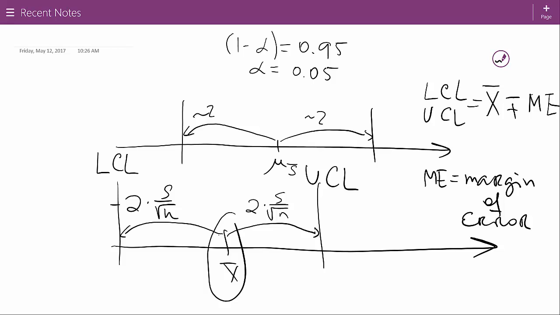Now, margin of error should be expressed in terms of number of standard deviations. So in order to compute margin of error, you have to take a certain number and multiply it by the standard deviation, and the standard deviation is s over square root of n. We discussed that, right? The only question is, how do we find out this number? Where does it come from?